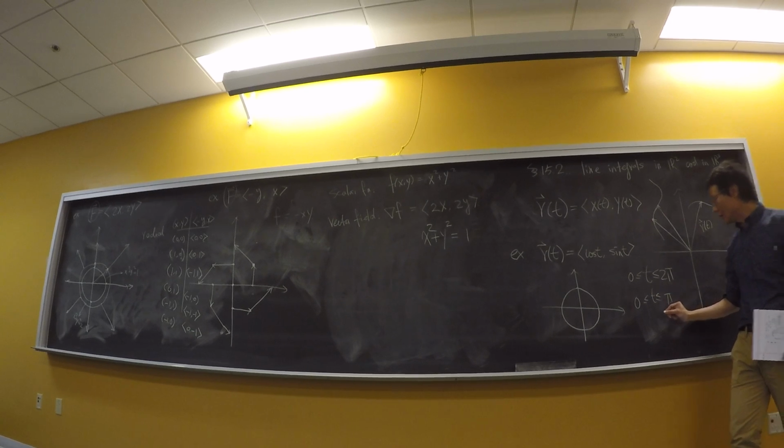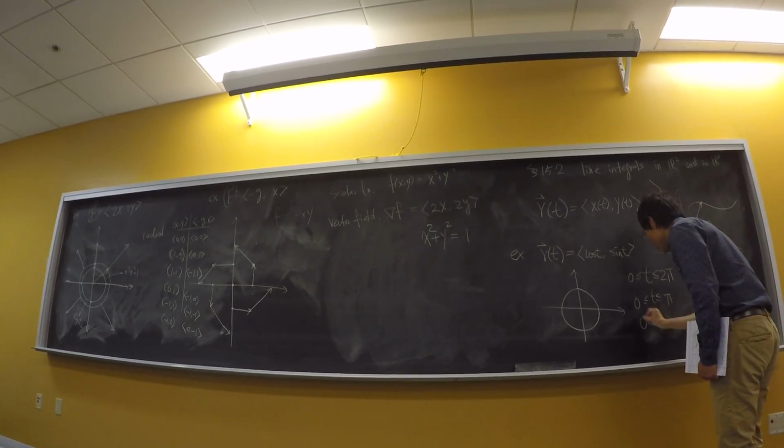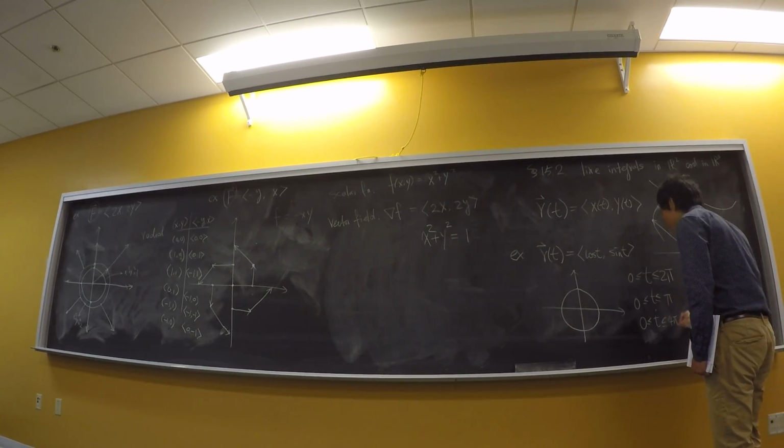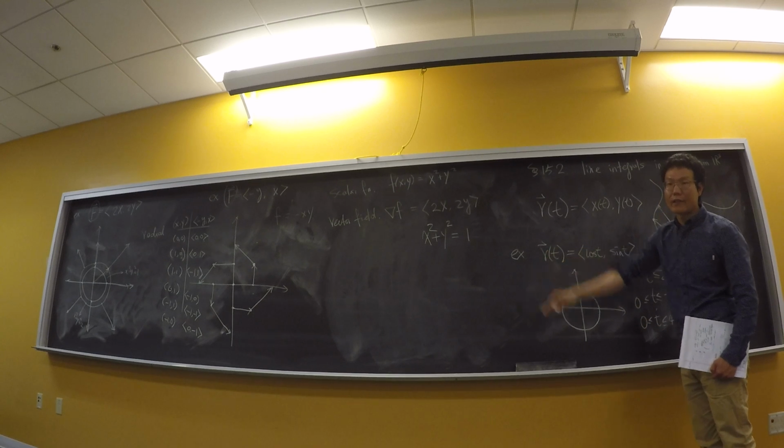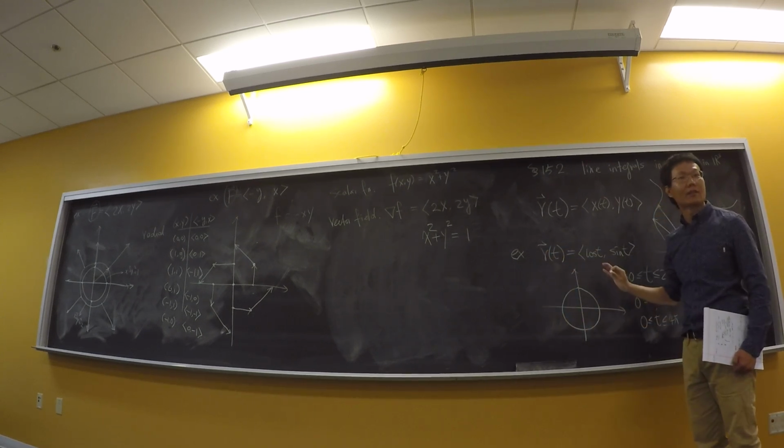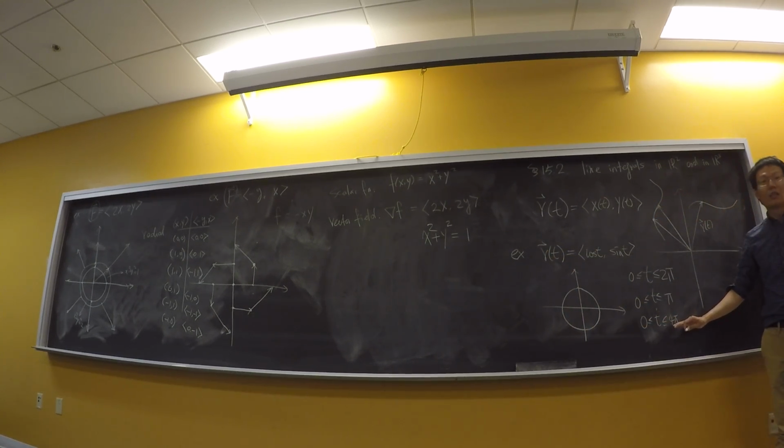If I allow t to go from 0 to 4 pi, I go around the whole circle one time and two times. So you can go around the circle for two runs by changing the range for the independent variable t. By changing the ranges for the t variable, you can have different pieces of a curve.